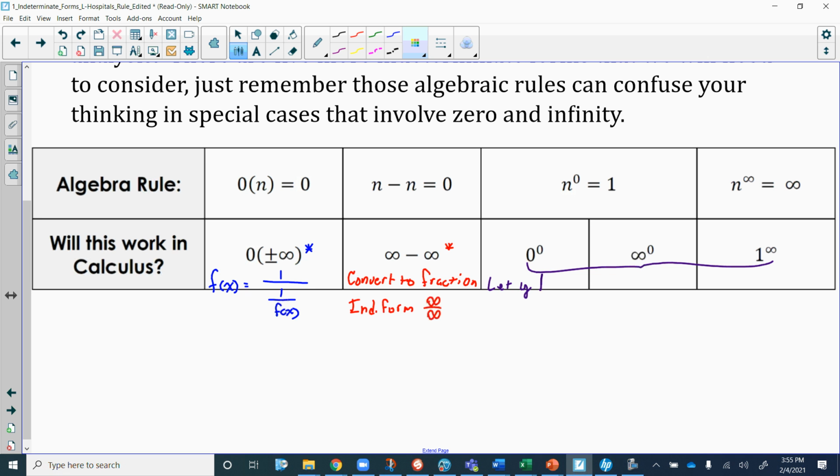Let y be the function which gives the indeterminate form.